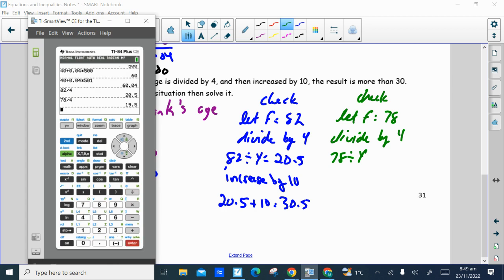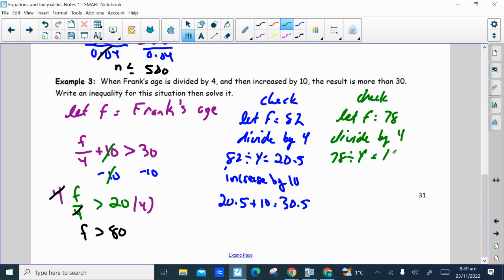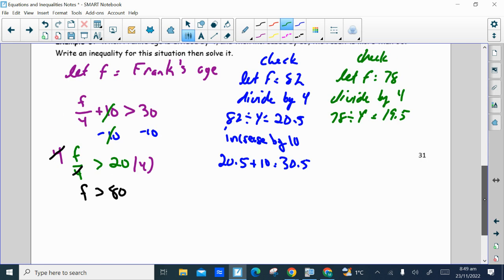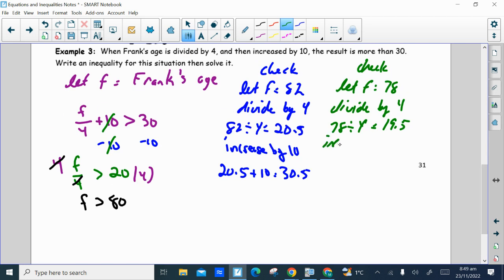Gives us 19.5. And then increase that by 10. 19.5 plus 10 is 29.5. Well, that's not greater than 30, which it's supposed to be.